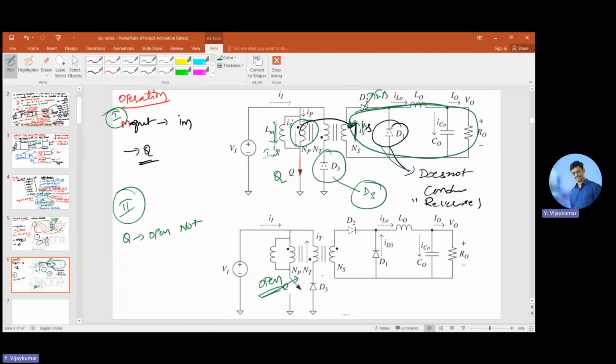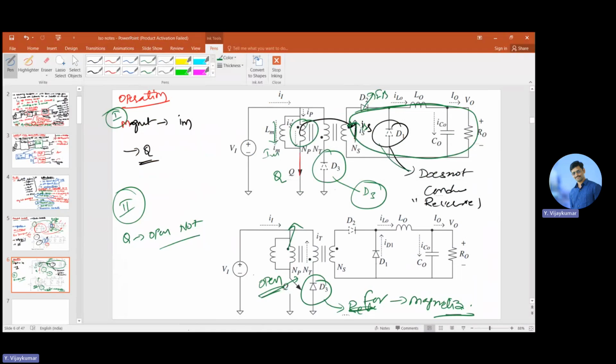Now the switch is not conducting, so immediately D3 comes into the picture. D3 is turned on, in forward bias, to demagnetize the transformer.